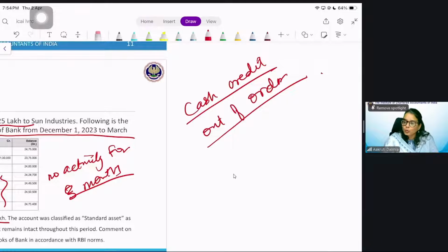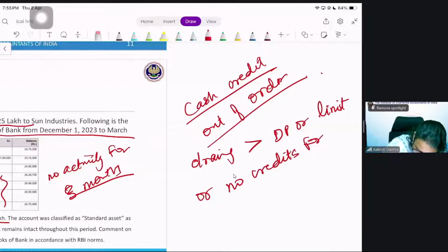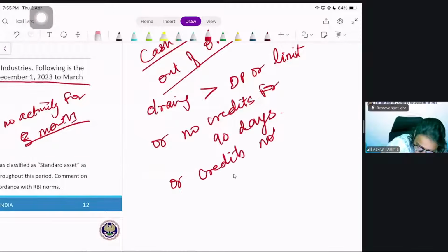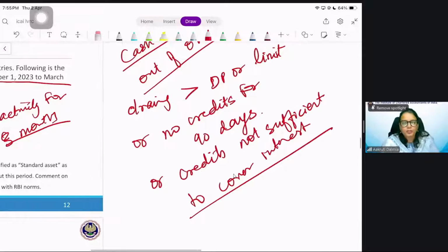Cash credit becomes out of order in 3 situations: when the drawing is greater than DP or the limit, or no credits for 90 days, or credits not sufficient to cover interest. There are 3 situations in which it can become out of order.